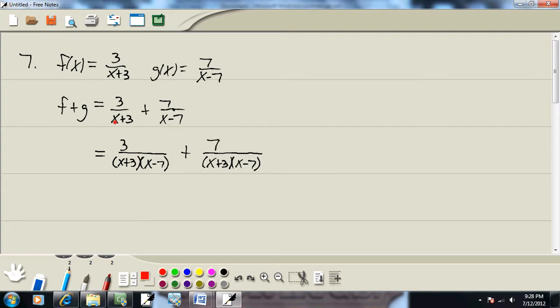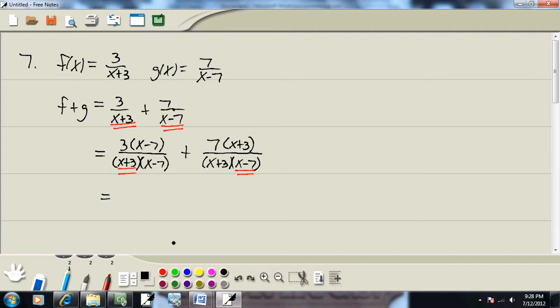Now we look at what the old denominator had, the x plus 3, which is still there. The new thing we put next to it was x minus 7, so we have to put it next to the top part. If we look at our second fraction, it had an x minus 7, which is still there. The new thing we put downstairs was the x plus 3, so we have to put the x plus 3 up here.